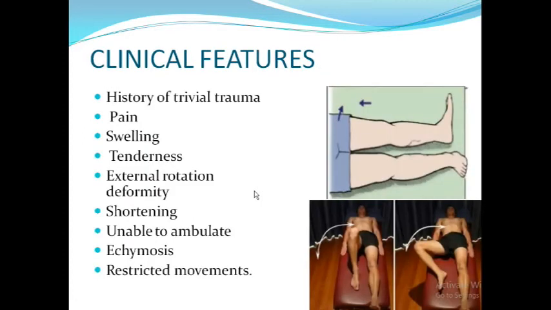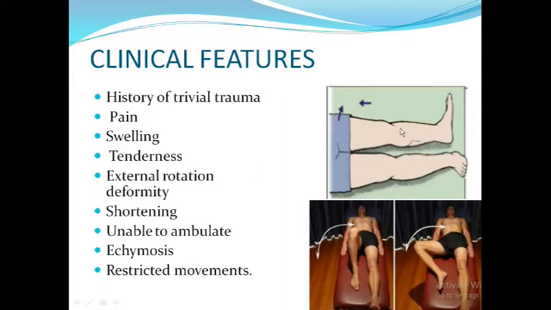So what are the clinical features you will find in neck of femur fracture? First and foremost, there will be a history of trauma or fall. Then the patient will complain of pain, there will be swelling over the hip, and of course there is tenderness. There will be external rotation deformity.